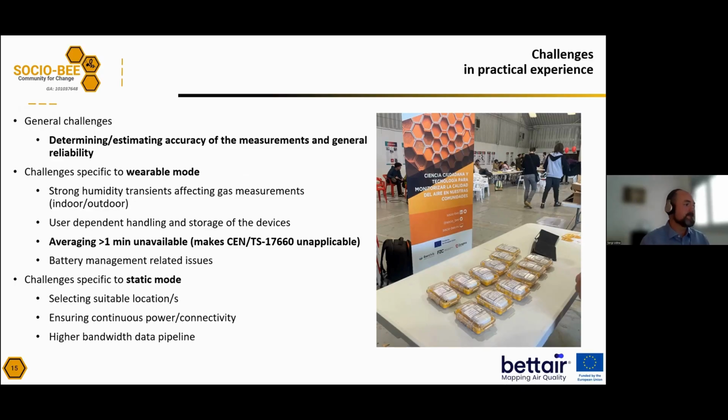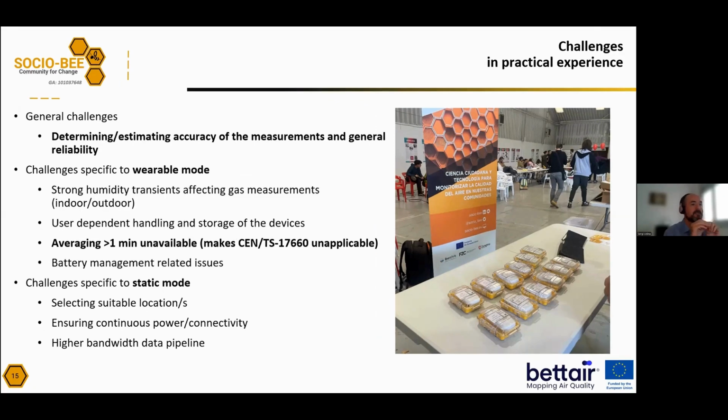On top of this, we do very fast measurements. We did 10 seconds measurements. And whenever the directive or the technical specification requests us to do 1 hour averages, when you are using the wearable mode, this is not possible at all, because no citizen scientist is staying 1 hour at one place.